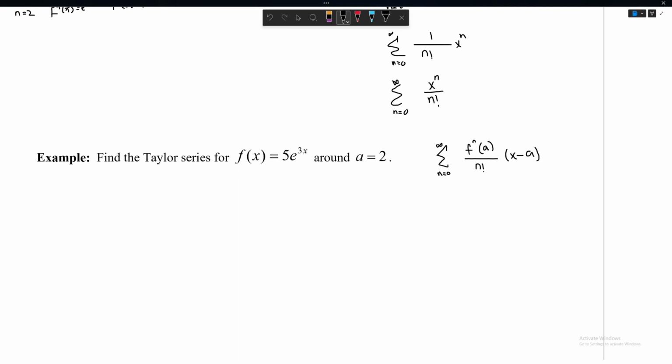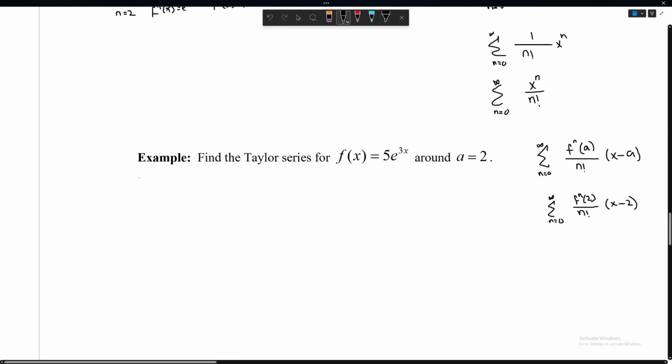All right. Now I do know my a, too. So my f^(n) at a, well, now it would be at 2.